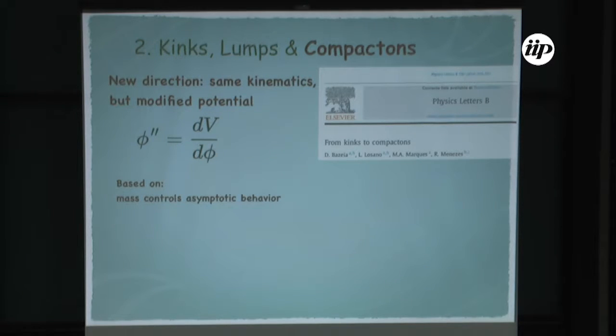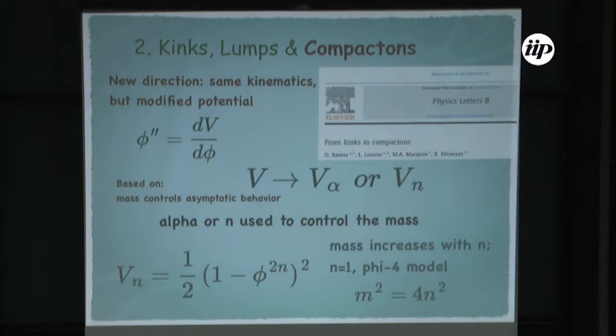And why am I doing this curious thing? Because we invented a new way to approach compact solutions, which is controlled by the potential. We change the potential. In this paper, we have two examples.